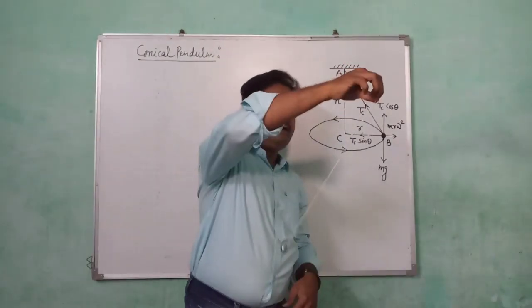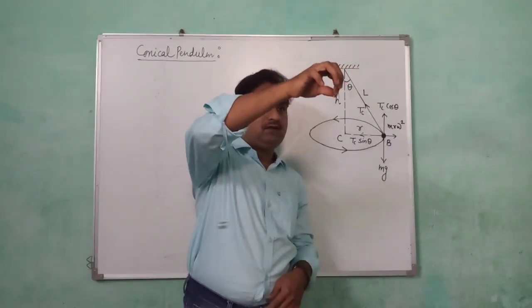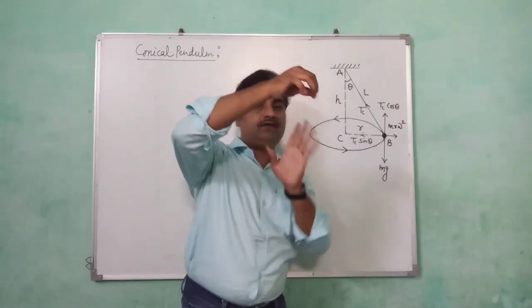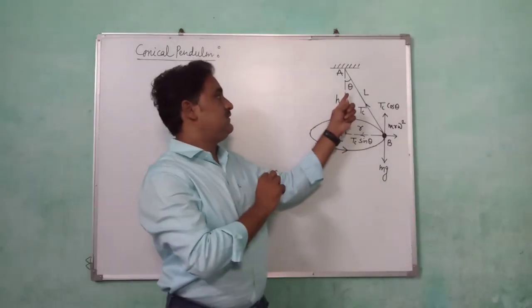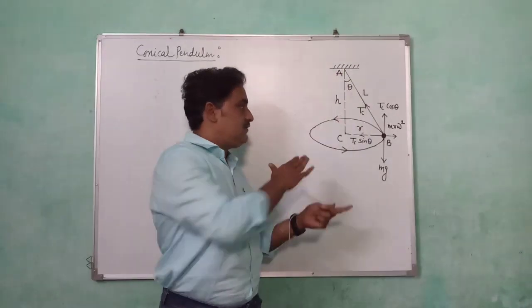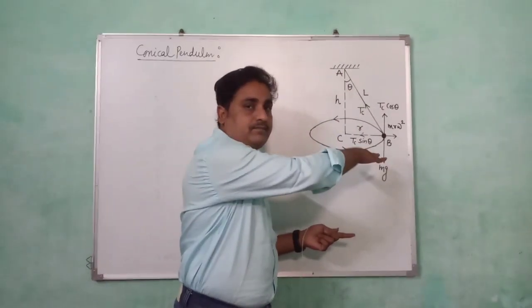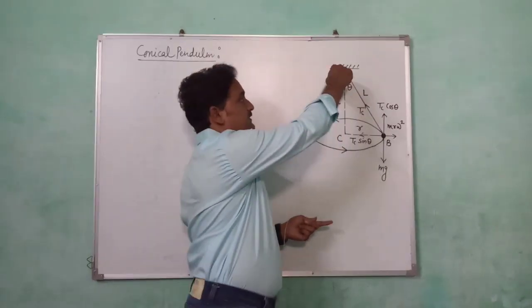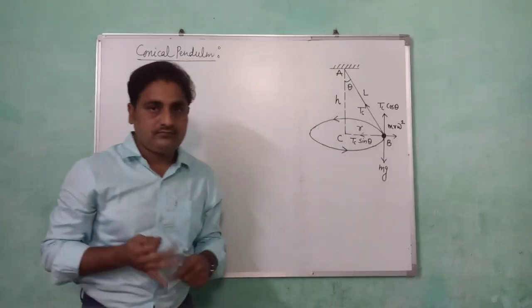As it is revolving in the horizontal circular path, the angle made with the vertical is called theta, and the height of the plane of the circular path from this support is h.